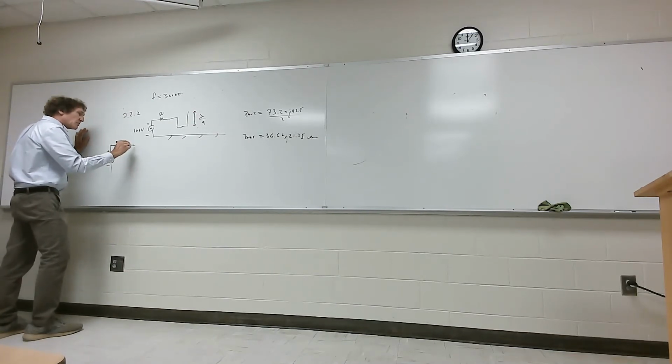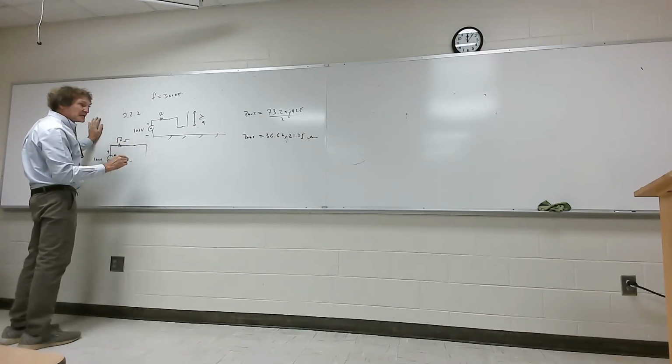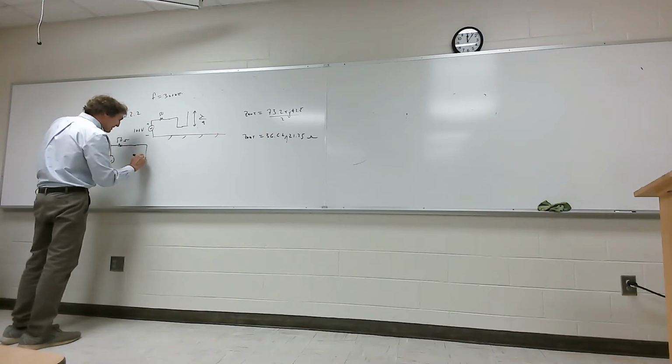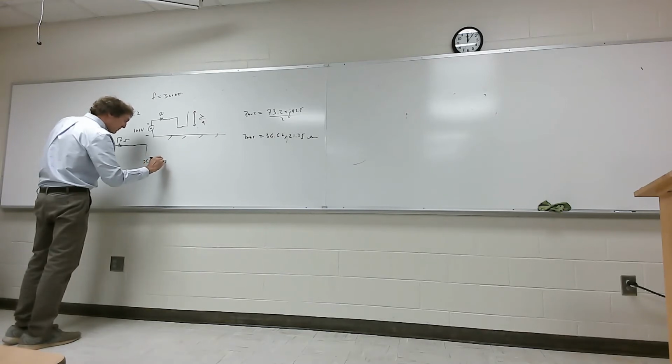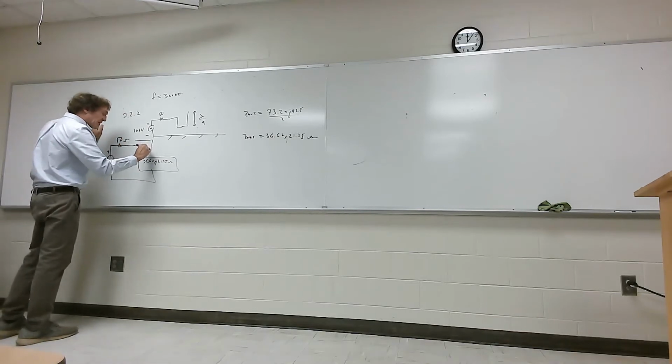Then you're going to have a source impedance here of 50 ohms. And then you're going to have your antenna impedance, 36.6 plus J 21.25 ohms here. And the big thing we need is this current, right?